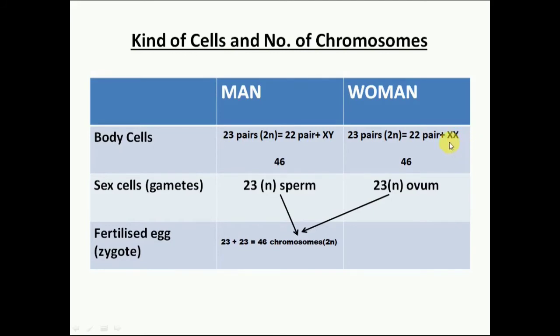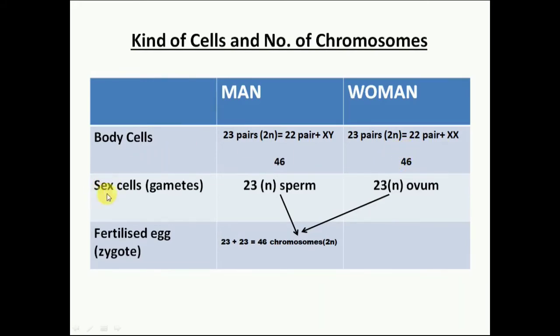Okay, this is a pair and this is also a pair. This one pair of chromosomes is called the sex chromosome, because it is mainly responsible for whether the child will be a boy or girl. So there are a total of 46 chromosomes. We represent it in the form of pairs, 2n. In case of women also there are 46 chromosomes in the body cells.